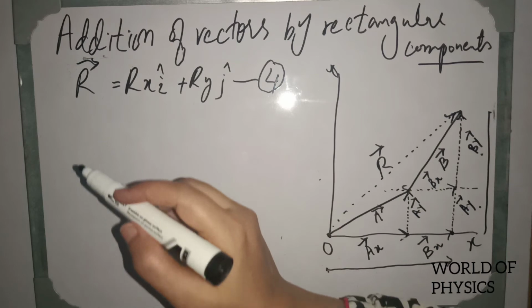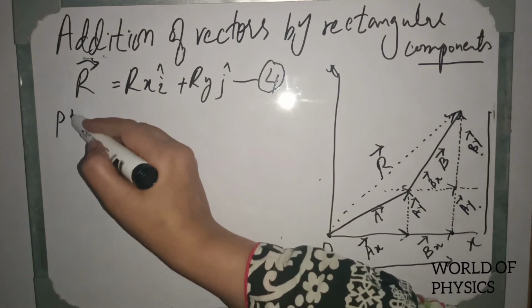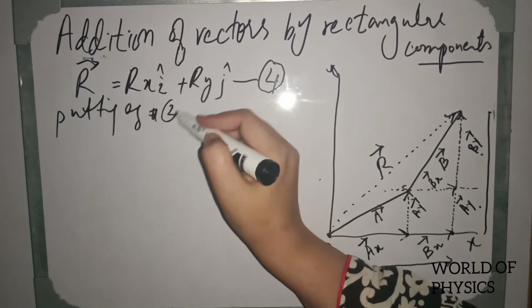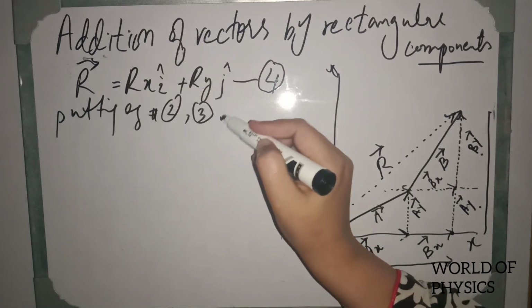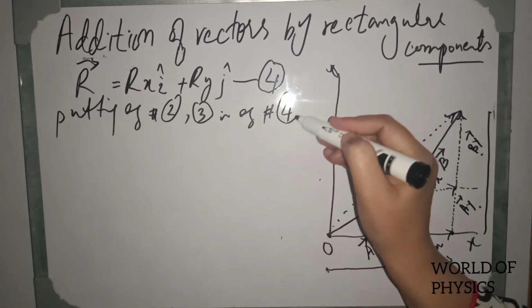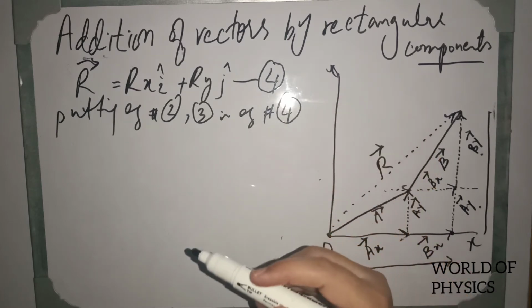And by putting equation number 2 and equation number 3 in equation number 4, because in equation number 2 and equation number 3 we have the values of rx and ry.